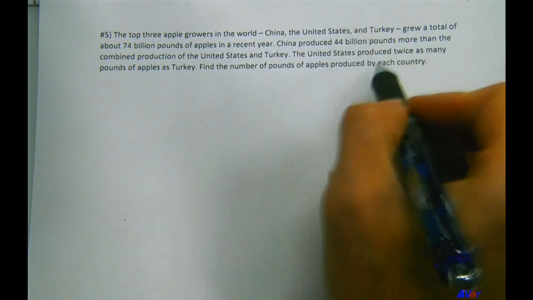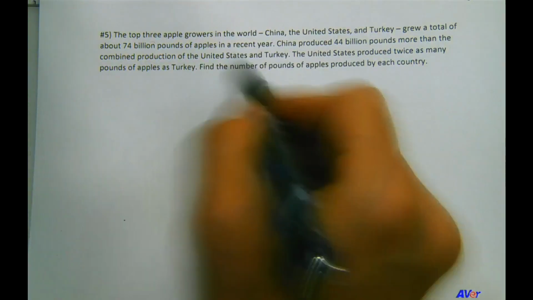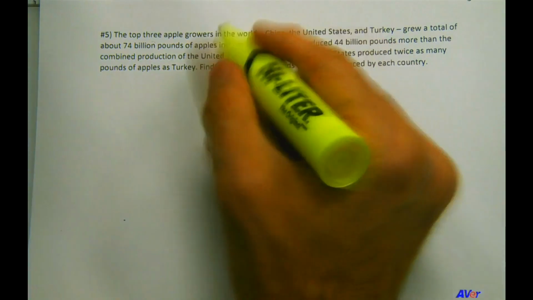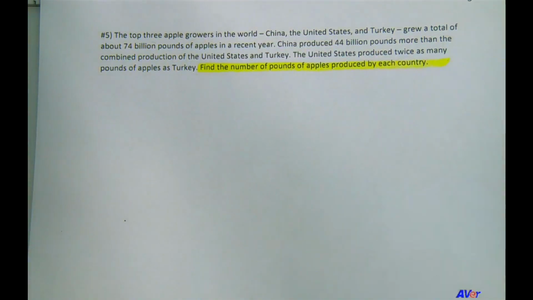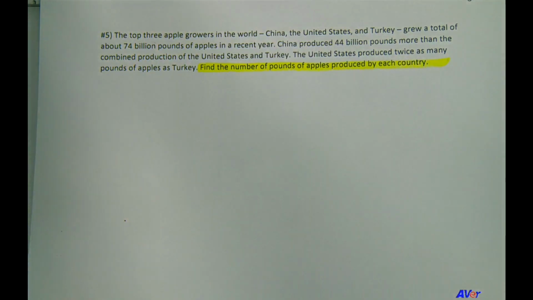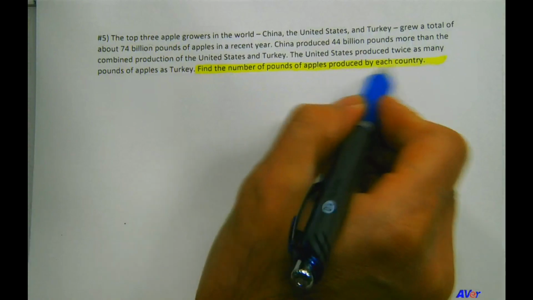The United States produced twice as many pounds of apples as Turkey. Find the number of pounds. Aha. See? That's what they want us to find. Find the number of pounds of apples produced by each country. Okay? Let's assign variables to that which they want us to find. So, the number of pounds of apples produced by each country.